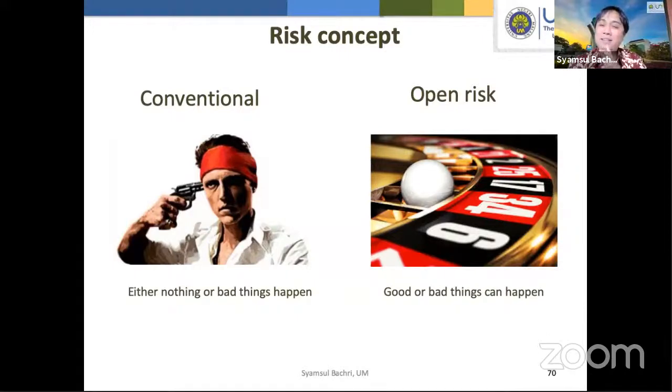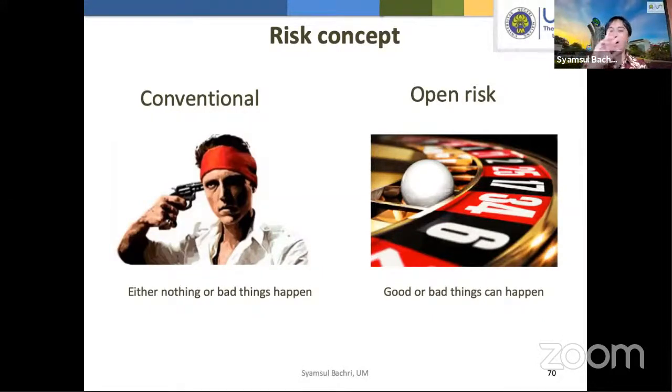But in this research, I offer the open risk. Why is it open? Because risk is open. It's like a roulette: good or bad things can happen. If someone wants to take a high risk, maybe the bad thing can happen, but maybe the good thing can also happen.